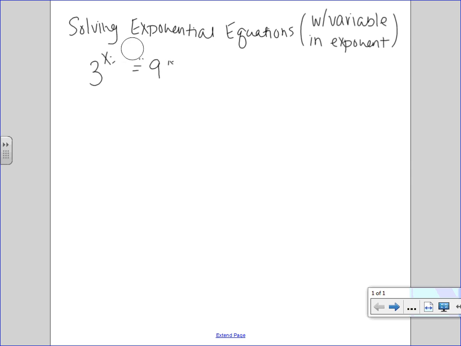Okay, so let's take a step back and talk about something that's super basic. We're going to take a super basic idea, and we're going to use that to help us solve for these exponents. Say I have some number b.